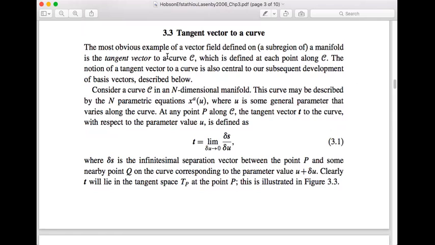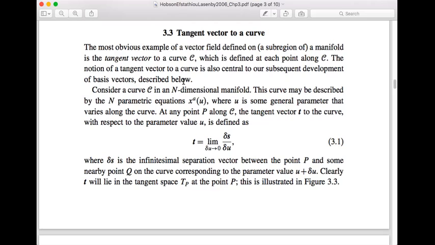The most obvious example of a vector field defined on a subregion of a manifold is the tangent vector to a curve, C, curly C if you like, which is defined at each point along curly C. The notion of a tangent vector to a curve is also central to our subsequent development of basis vectors described below.